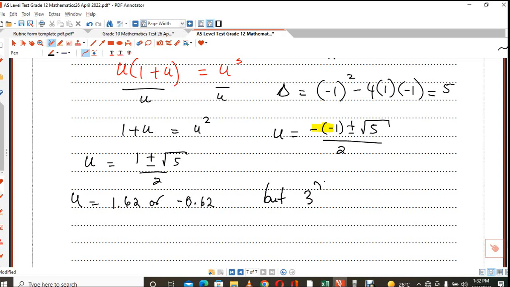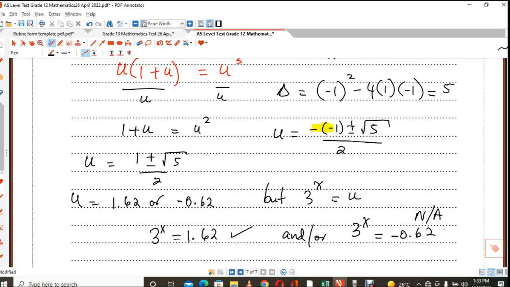But 3 raised to the power of x is equal to u. I'm going back, right? So if I say 3 raised to the power of x equals 1.62, this one will work. And 3 raised to the power of x equal to negative 0.62 will not work. Why?